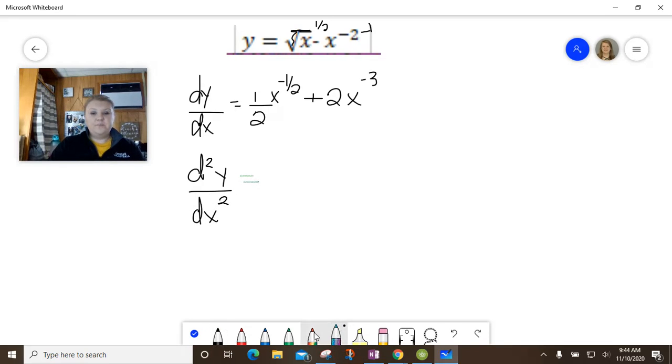So again, I'm going to bring this down. I have negative 1/2 times 1/2 is negative 1/4, x to the negative 1/2 minus 1 is negative 3/2. And then I have negative 3 times 2 is negative 6, x to the negative 4th. Now I can simplify it.